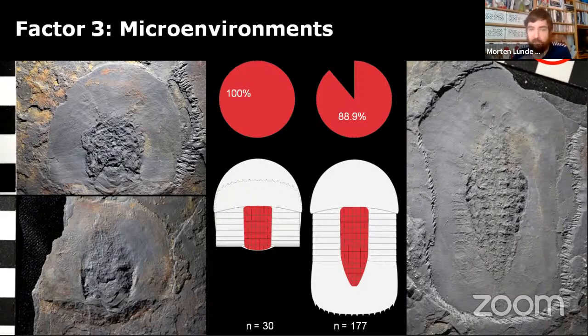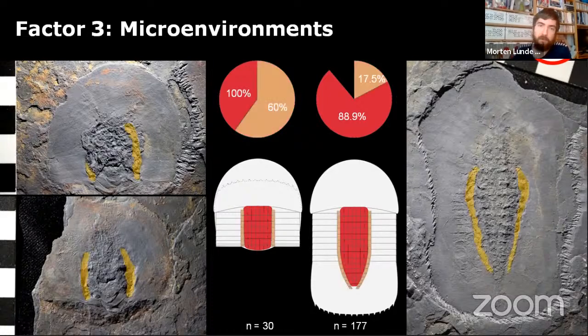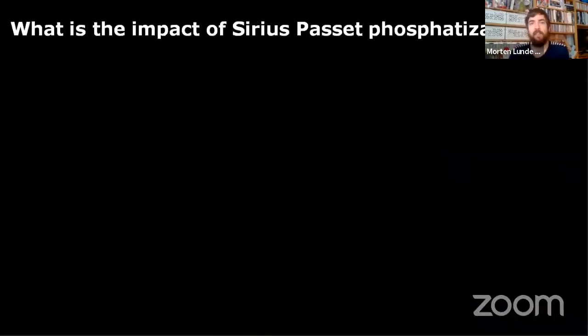And what we see in the collection is that all the specimens that are there actually show some degree of phosphatization. But not only do they show some degree of phosphatization, they generally show a much higher frequency of the most extensive phosphatization, in this case represented by this lateral tissue here that we only see when we have the most extensive type of phosphatization.